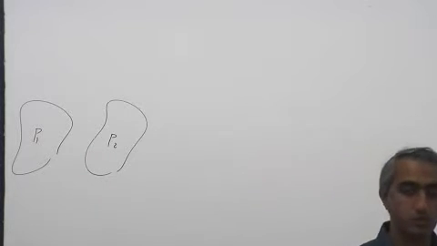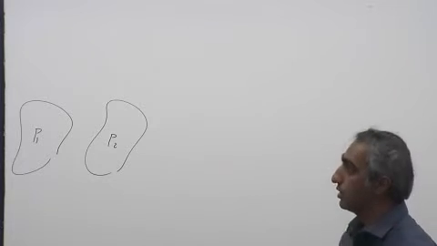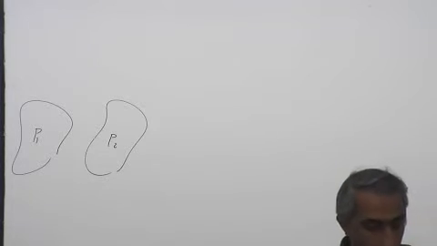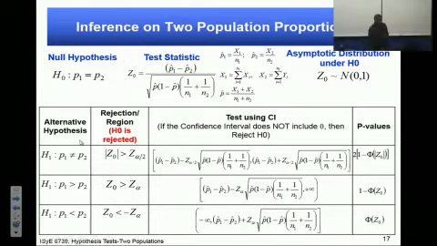Or the percentage of female in one population and percentage of female in another population. In that case, your null hypothesis is equality of the proportions. And the alternative is either they are not equal or one-sided, which is greater than or less than.